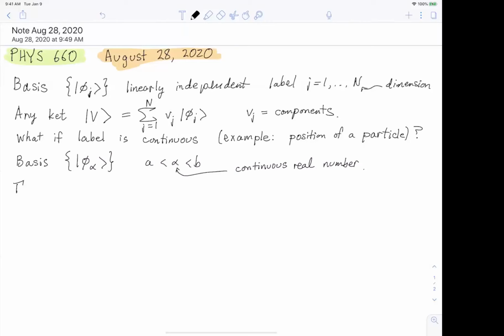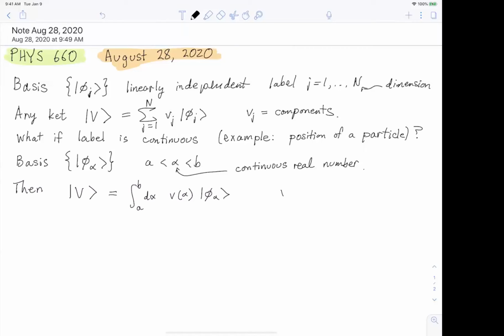Then the way we would write our component equation is we'd say our ket V, instead of being a sum, is going to be an integral from A to B with respect to the label alpha of some numbers V of alpha times our basis kets, phi alpha.